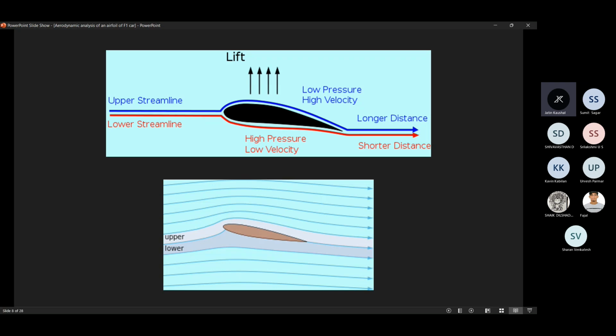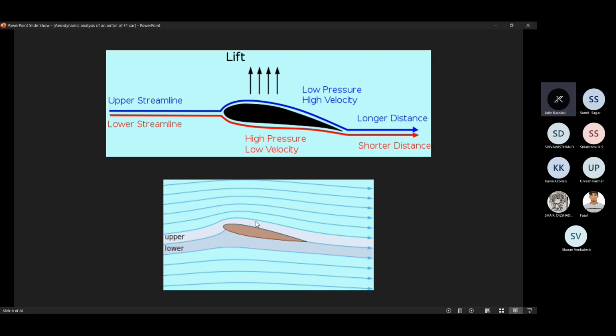So as this streamline goes, due to the shape of this object, the object pushes the streamline downward, because the streamline tries to stay attached to the body.